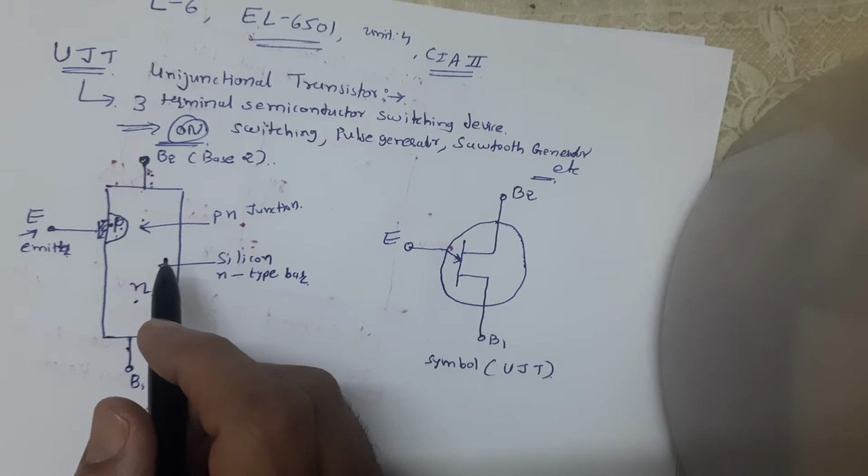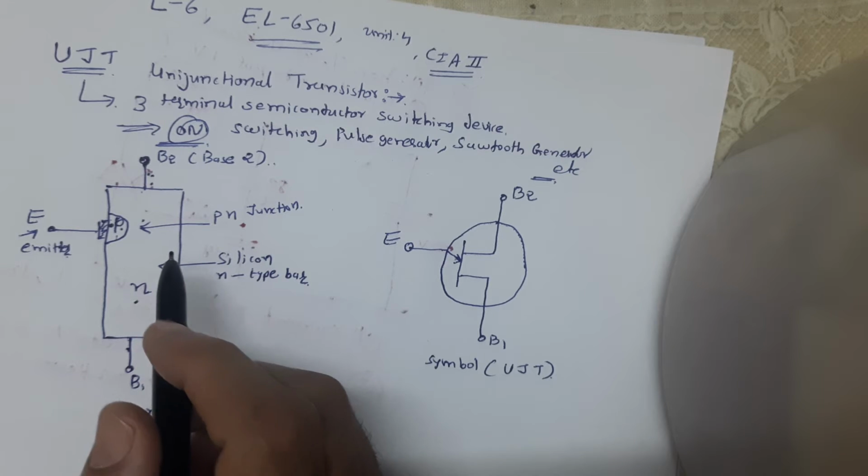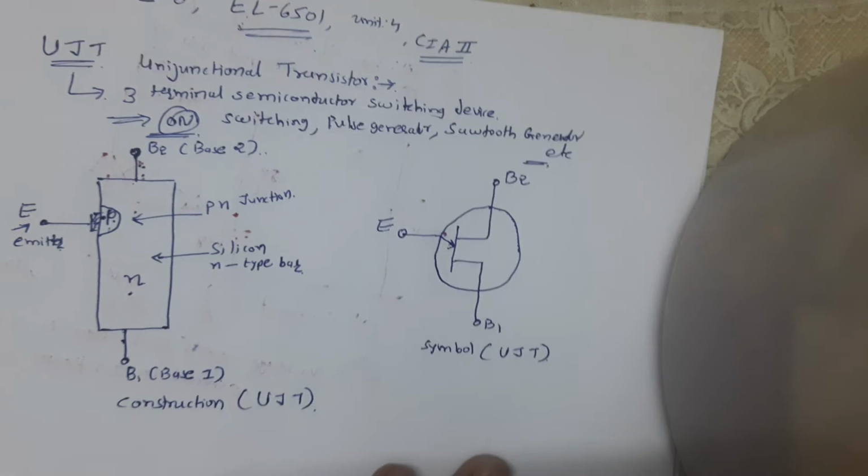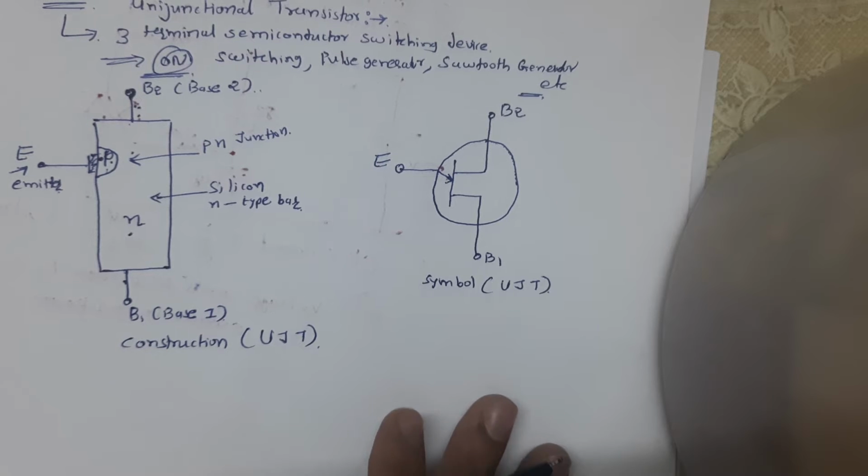Partway along the bar between the two bases, nearer to B2 than B1, a PN junction is formed between the P-type emitter and the bar. The lead to this junction is known as the emitter lead. This is the symbol and this is the construction.